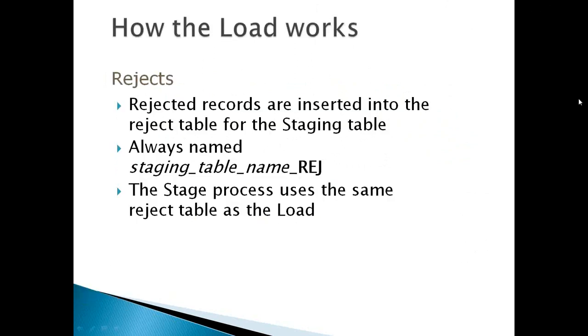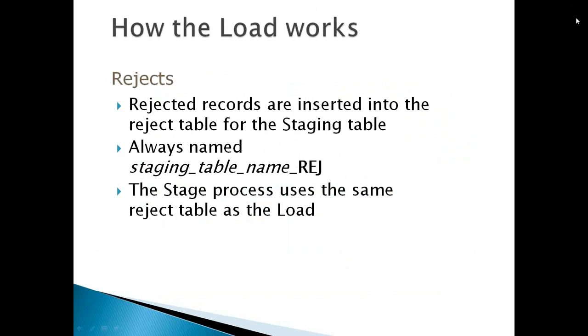Vinay, I have a question. While loading from landing to staging, where does the rejection happen, landing to staging or staging to BO? In both cases, it might happen. Okay, in both cases, the rejected records will be loaded into the rejection table, right? Yes, correct.